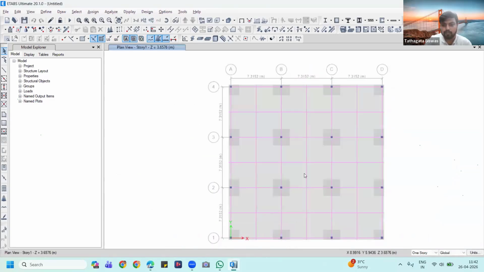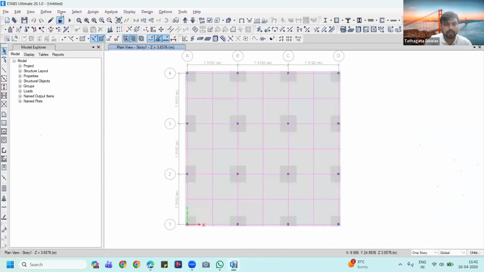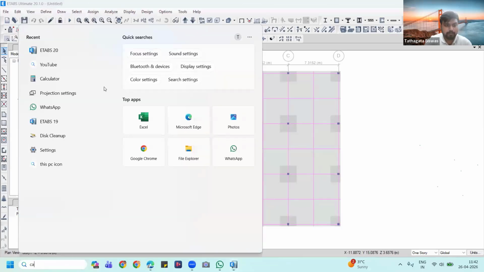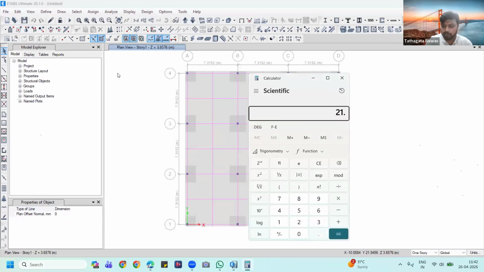Let's see, if we go to the story, this is the draw menu, dimension line, and this is the dimensions, right? So 21.946 and 21.946, since it is a square side. So 21.946, right? I'll just open the calculator. 21.946 is almost 22, you can take.